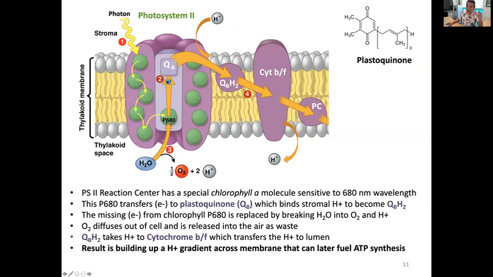Without the water, you are not going to replenish the electrons on the chlorophylls that continuously get booted off. That's why water is so important in this first part of photosynthesis, and taking the pair of electrons off the water breaks it down into oxygen, which is released by the plant.